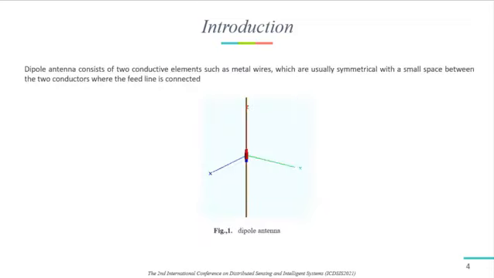A dipole antenna is the simplest class of radio antenna. It consists of two conductive elements such as metal wires, which are usually symmetrical, with a small space between the two conductors where the feed line is connected.